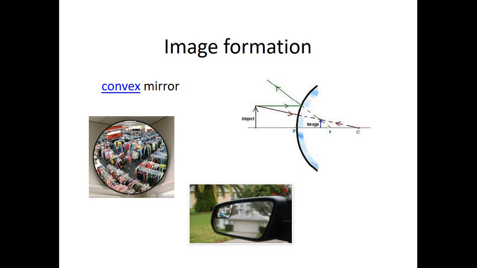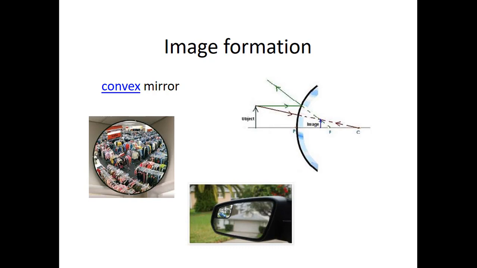We also have convex mirrors. Convex mirrors are curved outward. You can see a very good picture of a convex mirror like in a department store. In the department store, you're going to need to see a wide angle so that you can see if there are shoplifters and such.